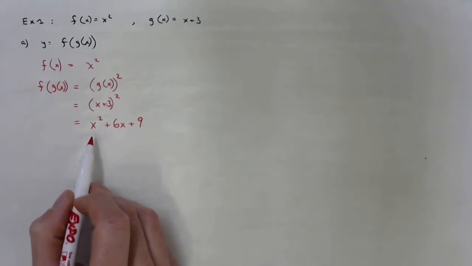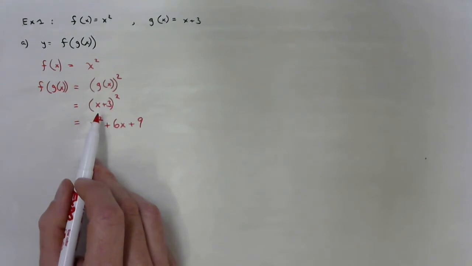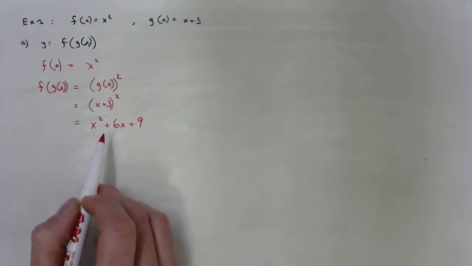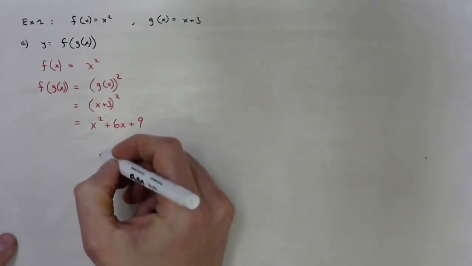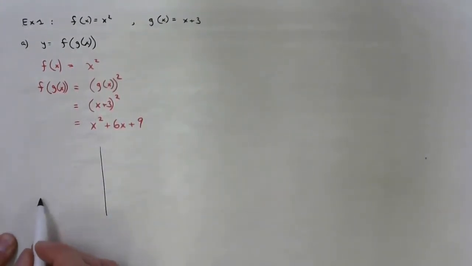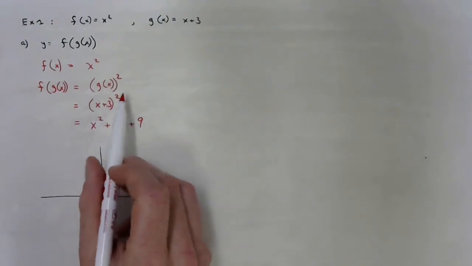We could graph it, and basically we'd find that this is a parabola that has been translated to the left 3 units. Still has its vertex on the x-axis. So you do have some space to sketch it there. And the easiest way to sketch it is to look at it in this format.